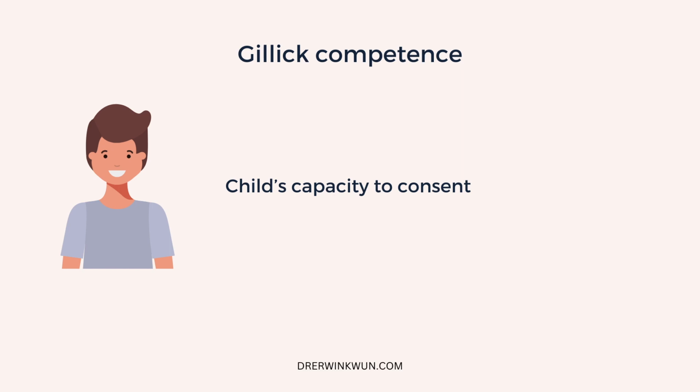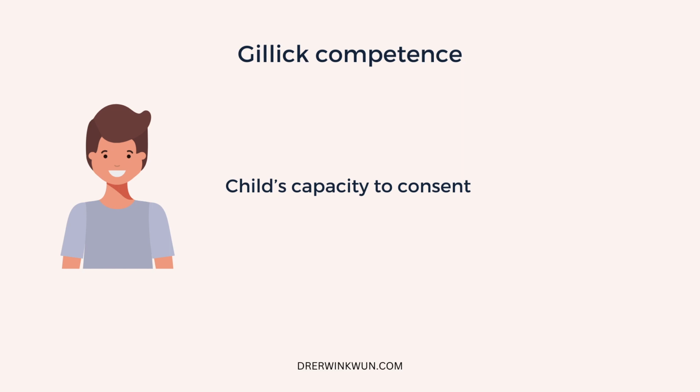When it comes to capacity in children, Gillick competence is useful. There is a confusion. Sometimes people use Gillick competence and Fraser's guidelines interchangeably, but these are very different frameworks that you can use. So we'll go through Gillick competence first.